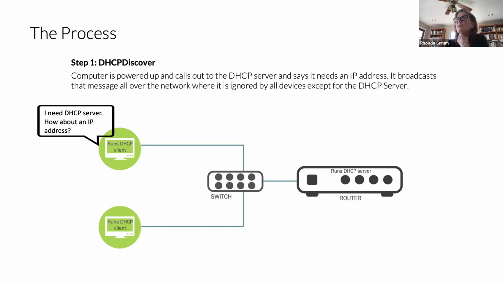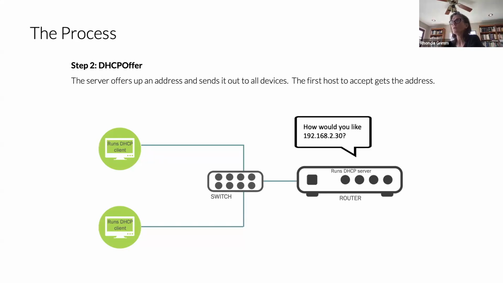So let's just see how that works. It's a 4-step process, and it starts with DHCP Discover, but basically one laptop says, hey man, I need an IP address. And it just broadcasts that whole request out to the whole network, and everybody ignores it except for the DHCP server. So the server in the router says, well, how would you like 192.168.2.30?